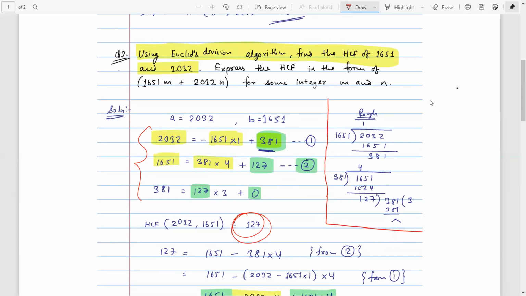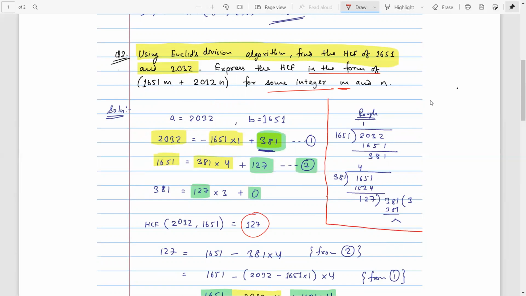And once you have found the HCF, what are they saying? Express this HCF which you found in this form. Now, what is this form? 1651 should be multiplied to some integer m, plus 2032 should be multiplied to some integer n. When you solve this, of course, it should be equal to the HCF, that is 127. But that 127, you have to represent it in this form.